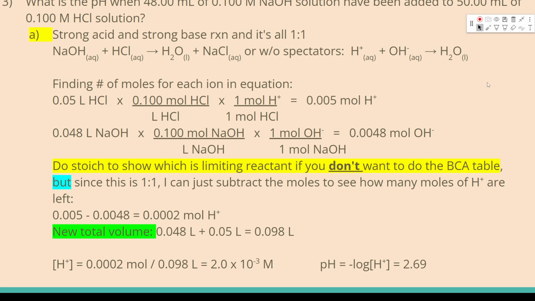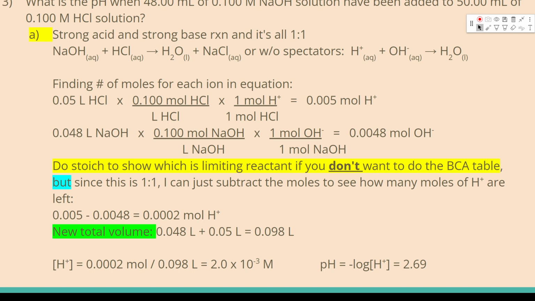One thing I want to point out about this is I didn't do a BCA table. I wanted to show the other way of calculating because I said it's a stoich problem. So if you don't want to do a BCA, here's the way to do it the stoich way. I did do some shortcuts because you can see here it's 1-to-1, so I skip some steps a little bit, but essentially it's just a stoich problem.